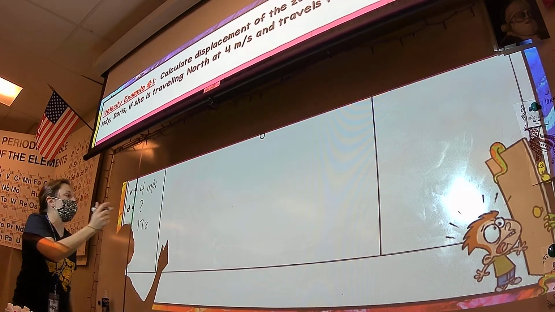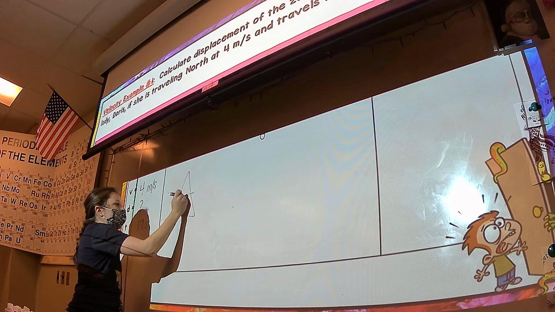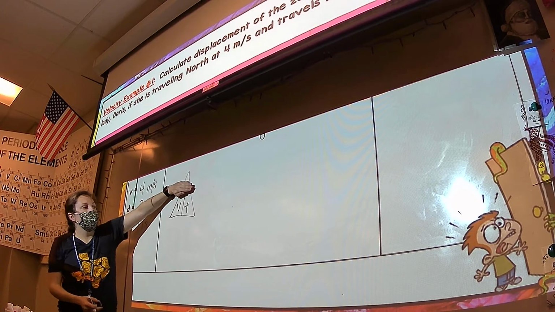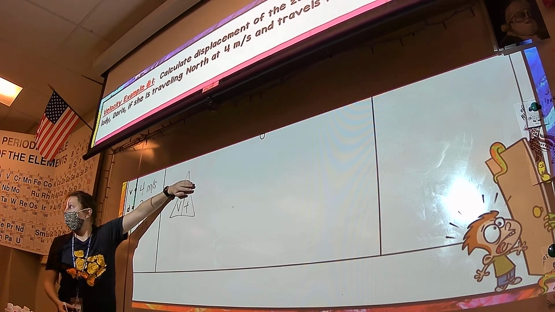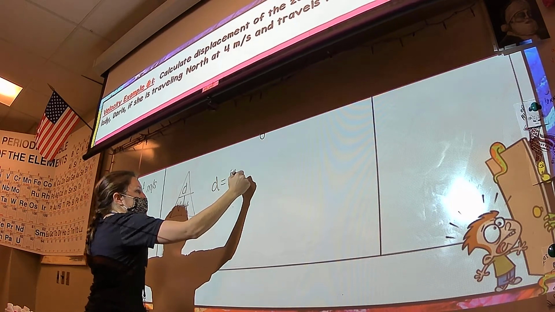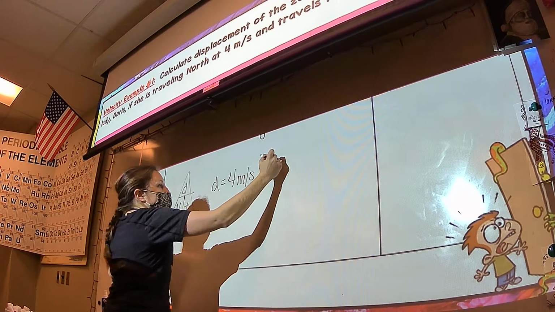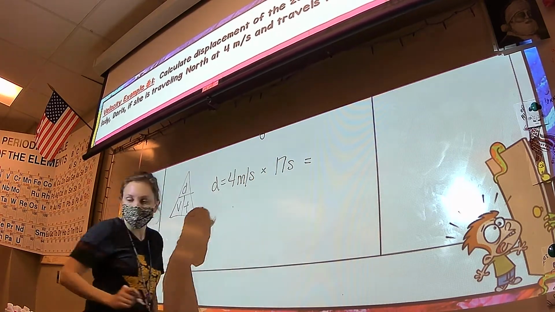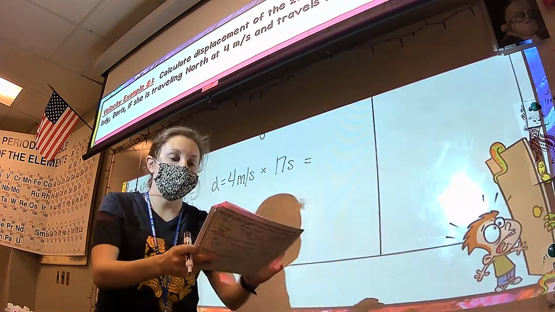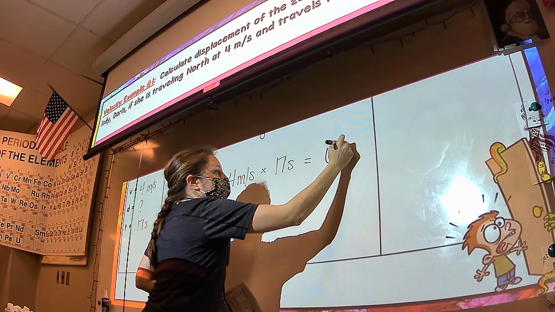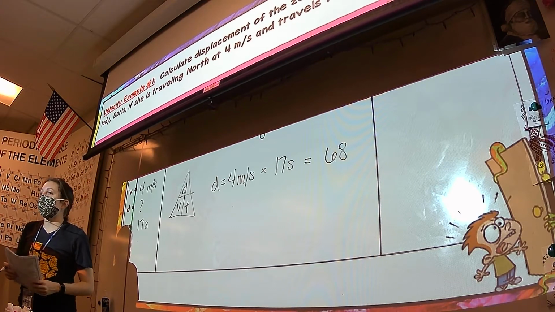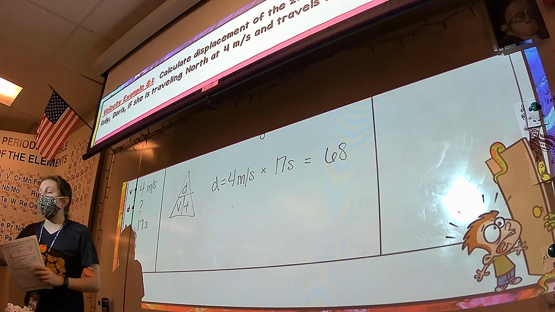If I think back to my triangle, D, V, T, I'm looking for D. What am I going to do with V and T? Multiply. So displacement is going to equal 4 meters per second times 17 seconds. If I multiply that, 68, yep, that's what I got too. 68. Now for my answer in the last box, it's displacement, so we need a unit and we need a direction.